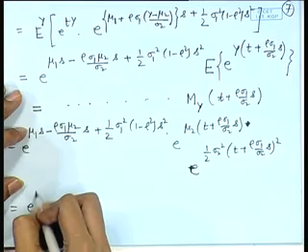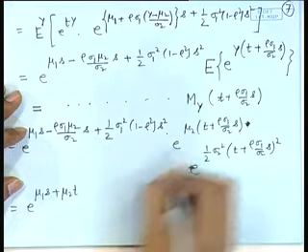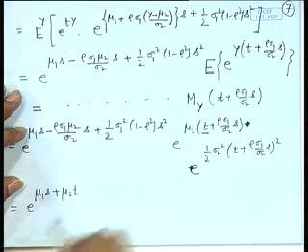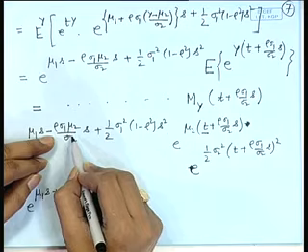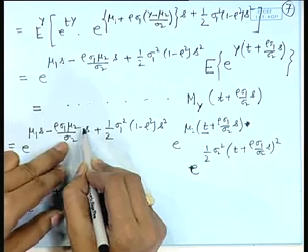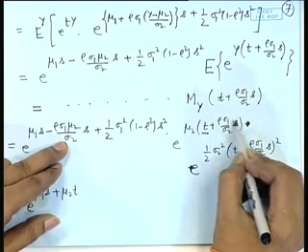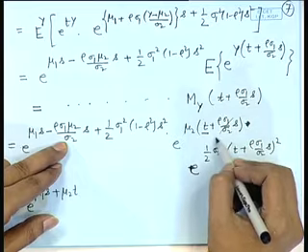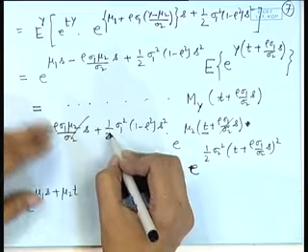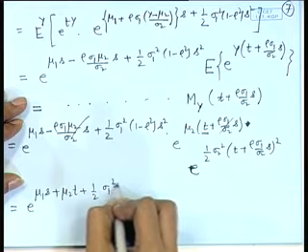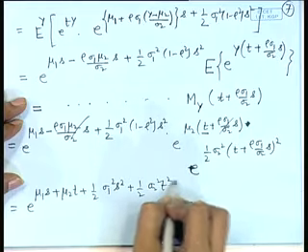So, we have e to the power mu 1 s plus mu 2 t, that is this term. Now, we note here minus rho sigma 1 by sigma 2 mu 2 s. This term is coming here also as a plus sign, plus rho sigma 1 by sigma 2 mu 2 s. So, this term gets cancelled with this term. Then we have half sigma 1 square s square and half sigma 2 square t square.